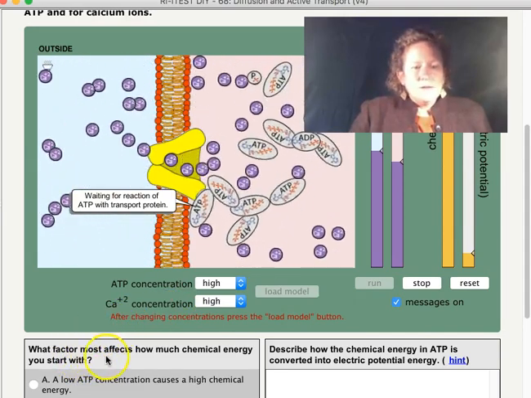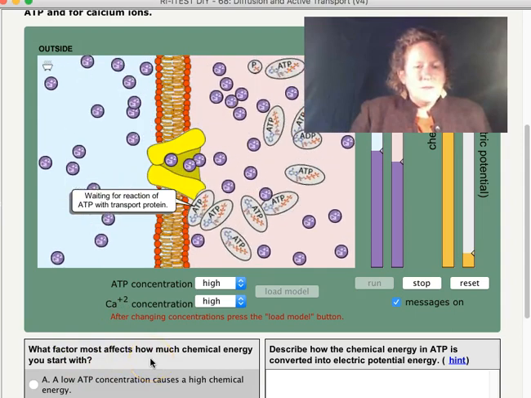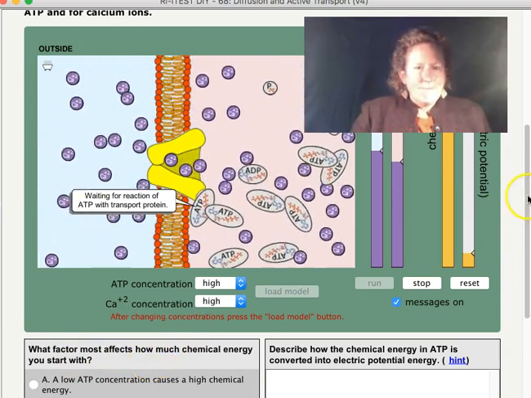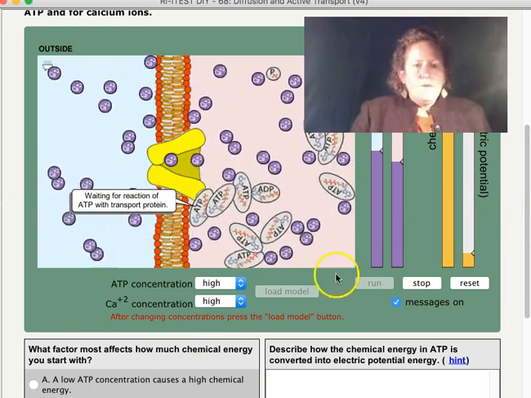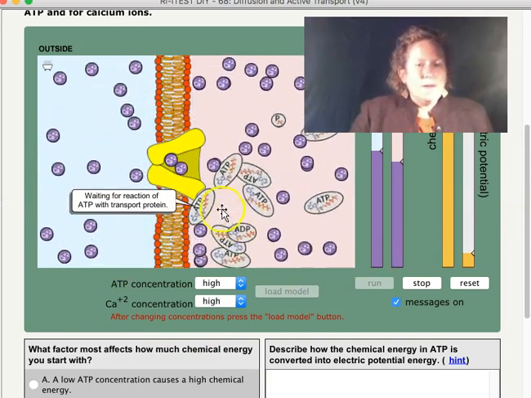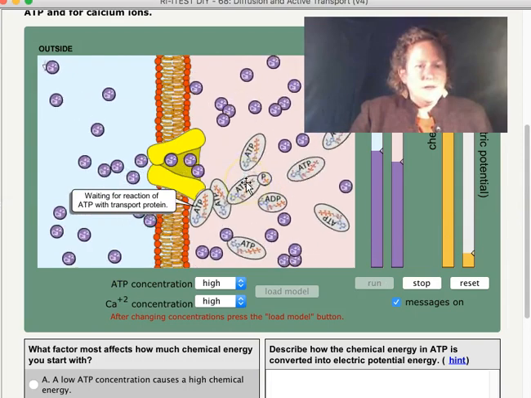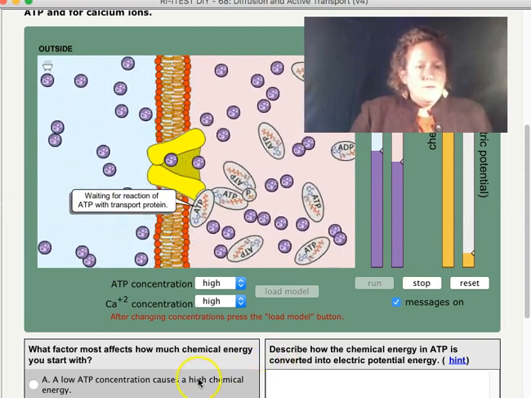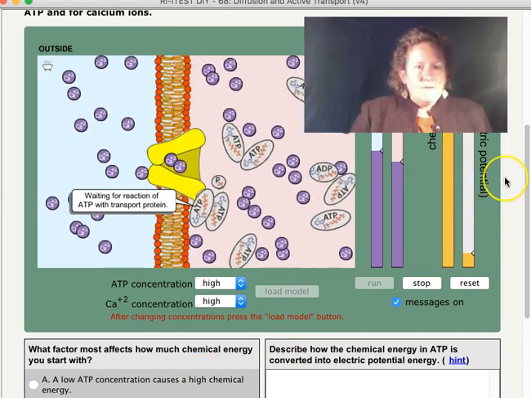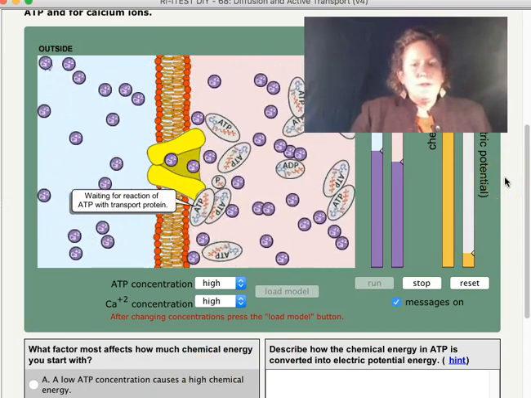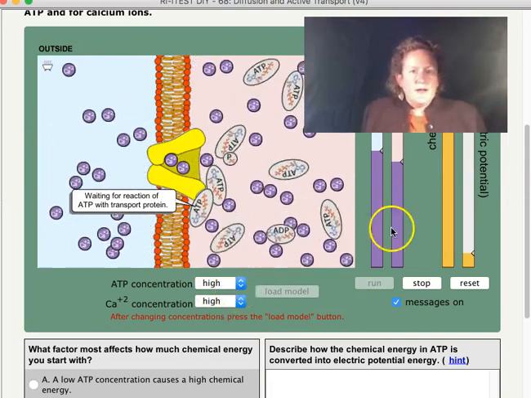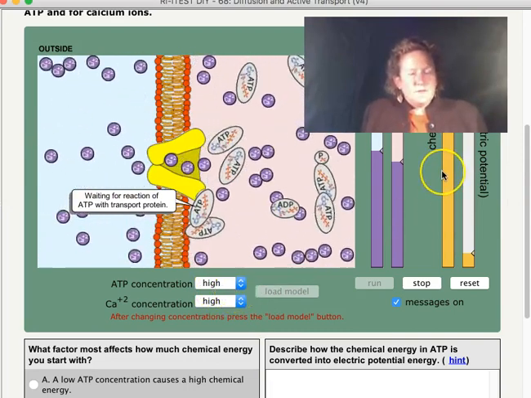So, what factor mostly affects how much chemical energy you start with? Well, the only source of chemical energy here is ATP. So, if we have low ATP, we're going to have low chemical energy. I set the ATP concentration here to high, so the chemical energy is fairly high here.